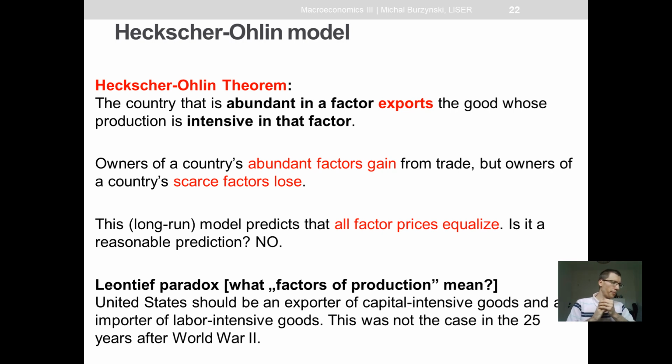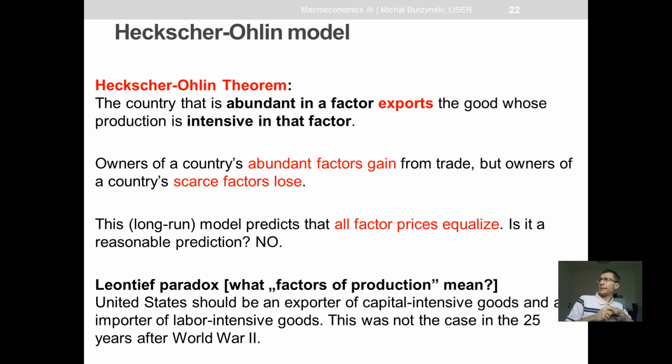But what appears to be the reason for the existence of this paradox is in fact the definition of those factors of production that we are talking about, and we are not actually formalizing or defining what those factors of production mean. So let me introduce you to the Leontief paradox.